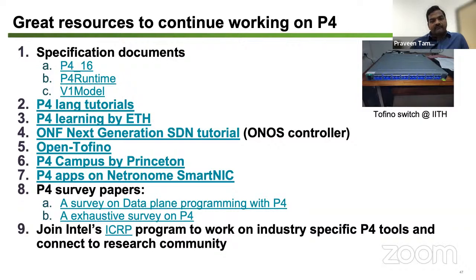SmartNICs are considered to give you packet rates of 40 gig to 100 gig. Even today, the recent SmartNICs can support up to 200 gig per port. Those are the other options. On the software side, eBPF and DPDK, and on the SmartNIC side, Netronome.